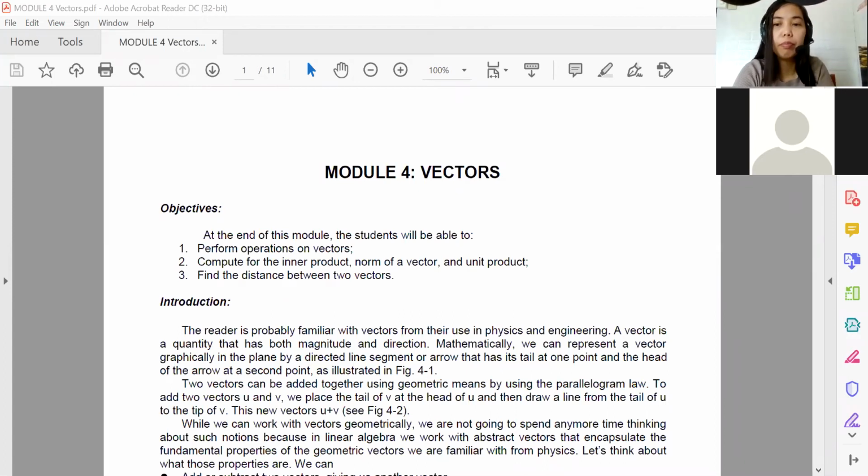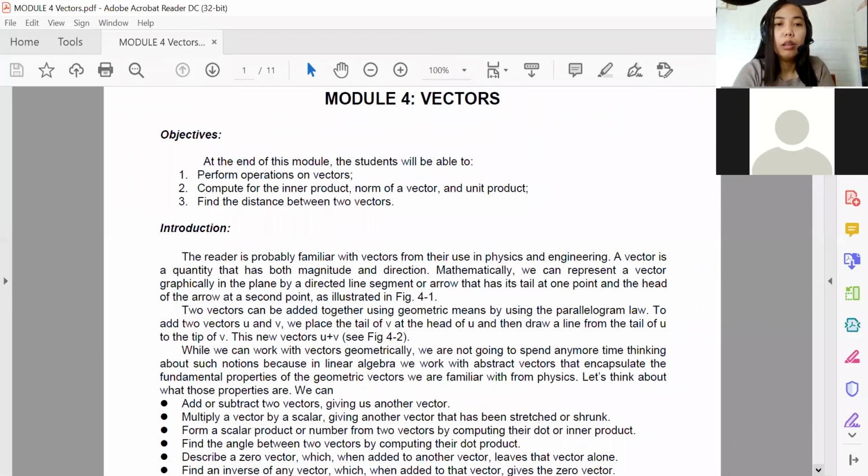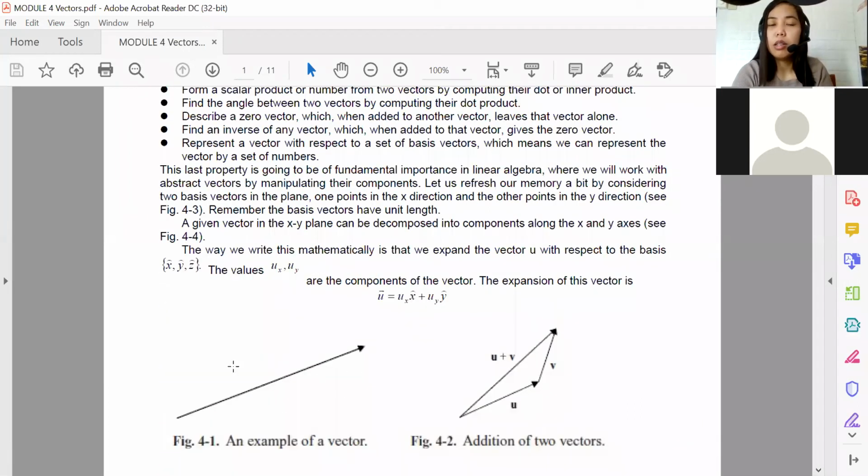So this is an illustration or an example of a vector. So it's like a ray. Of course, this is in a plane.